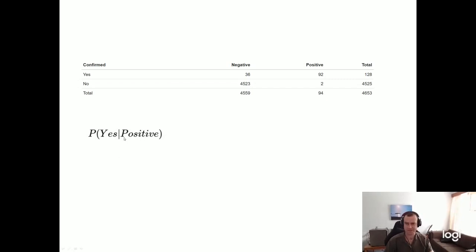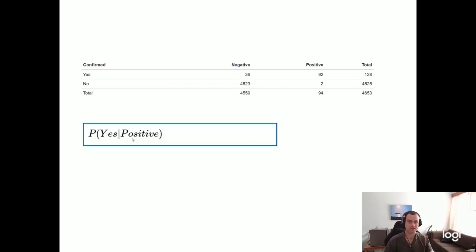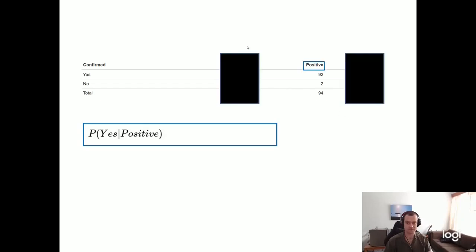And I find the best way to try to calculate conditional probabilities is, once you know what is given, just cover up all the rest of the table. So if the question is, what is the probability of actually having the virus given that you initially tested positive to COVID-19, well, we can cover up all the rest of the table apart from the thing that is given, and then it becomes very easy to see what we should use.